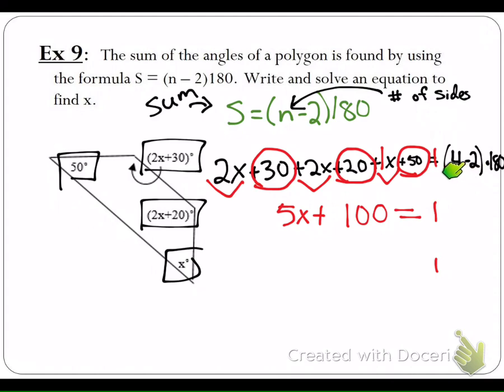Does anyone know what 4 minus 2 is? 2. And what's 2 times 180? 360. Yep, so that's equal to 360.